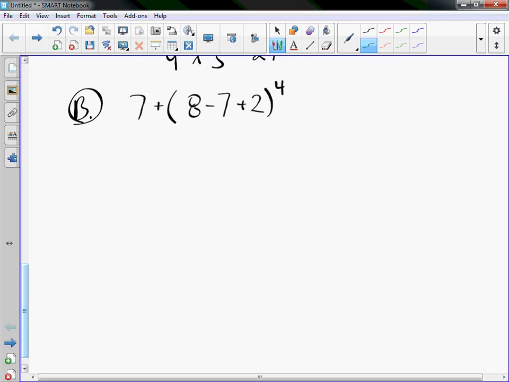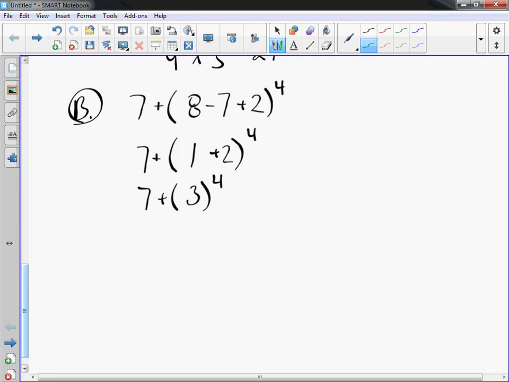So 8 minus 7 is 1. And I will leave this 7 plus out front. We have 1 plus 2, because I'm working with what's inside the parentheses first. Now I can evaluate the 1 plus 2, which is 3, to the 4th power. The parentheses here are not necessary, but I just left them because they were on there.